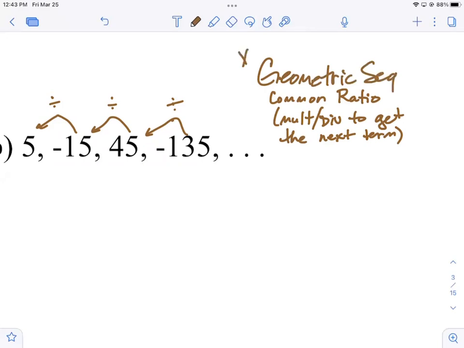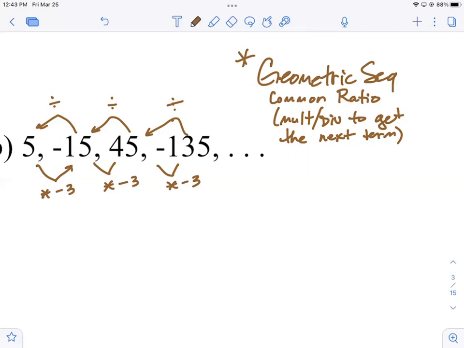And these are actually more important to us than the arithmetic. All right, so we could say, if we want to go forward, this is times negative 3, times negative 3, times negative 3. That's supposed to be a multiplication symbol. I'll put an asterisk there because it looks like an X.